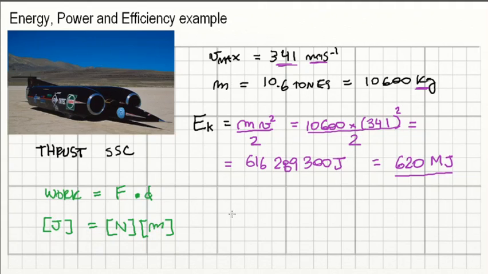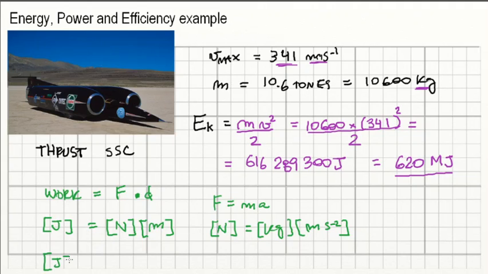However, we may express force in a different way. If we remember Newton's second law, force equals mass times acceleration. And force here is measured in newtons, mass is measured in kilograms, and acceleration is measured in meters per second squared. So we can use the same units that we have here in our work calculation.